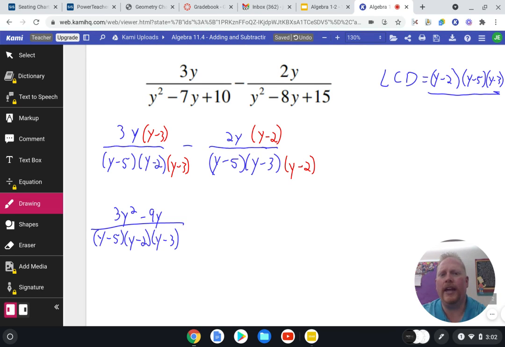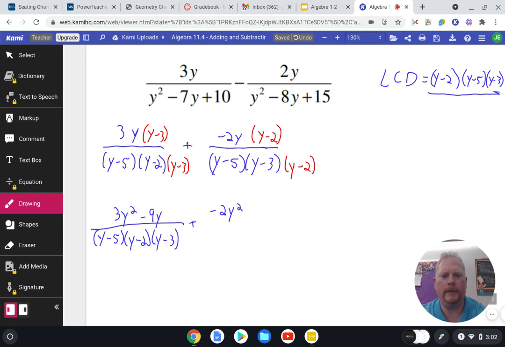And while I'm distributing that 2y, can I go ahead and distribute that negative sign with it? Let's go ahead and do that. So let's distribute that negative 2y. And so I get negative 2y squared.